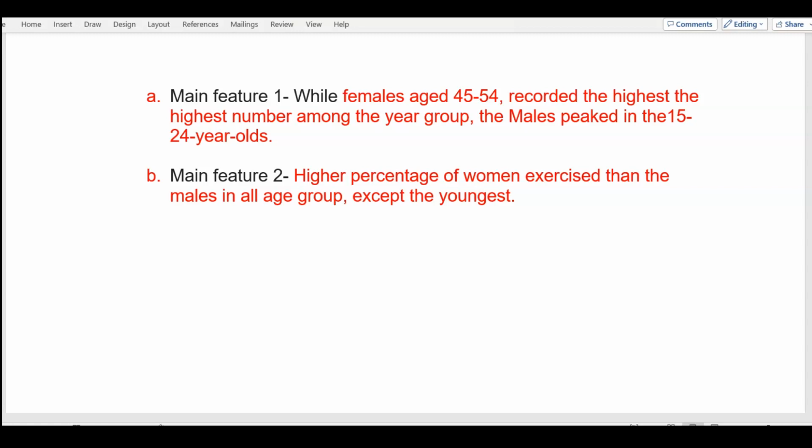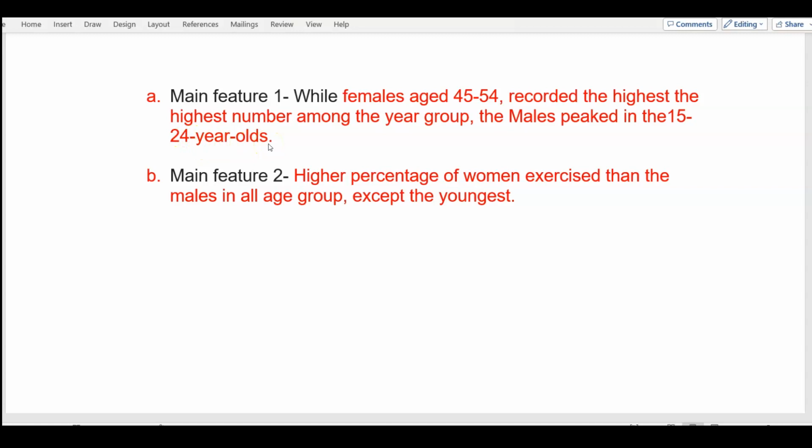From the key answers that we received, we can summarize the most obvious features to write our essay. As I stated, your features should be able to cover all the variables in the test, not forgetting to compare where relevant. From the key features, we saw that while the females aged 45 to 54 recorded the highest number among the age groups, the males peaked in the age group of 15 to 24.